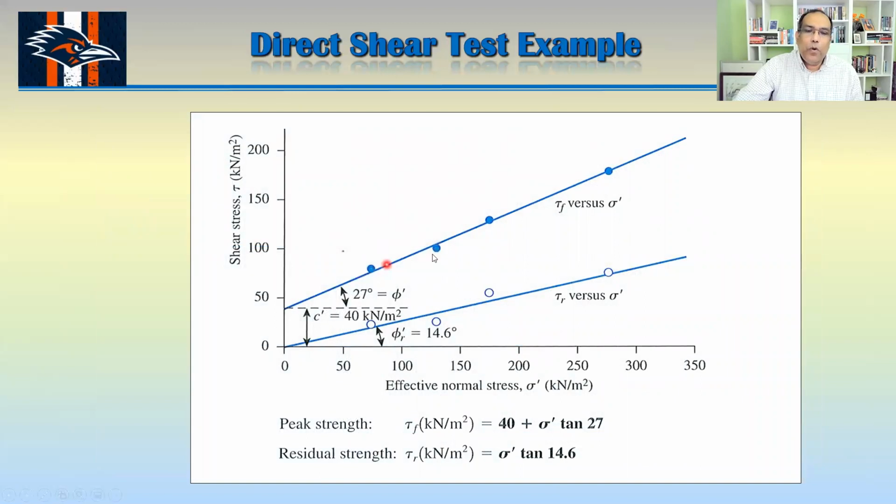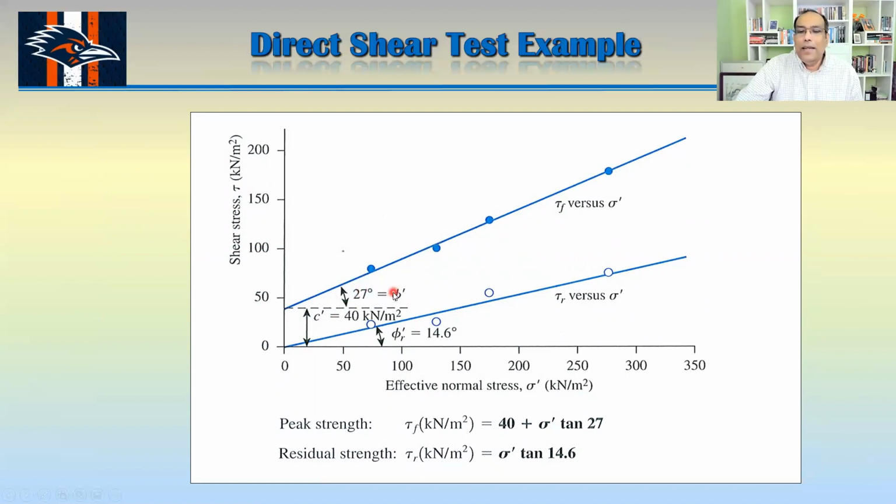So these are the 4 points for the peak shear strength. And if I draw a line here, it intersects at this point, which is actually 40 kilonewton per meter square. That's your C prime. If you measure that angle, that's 27 degrees.